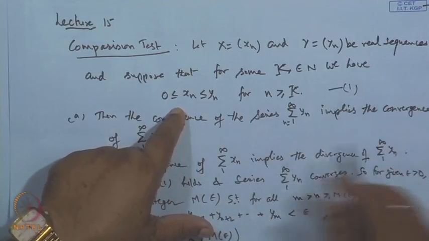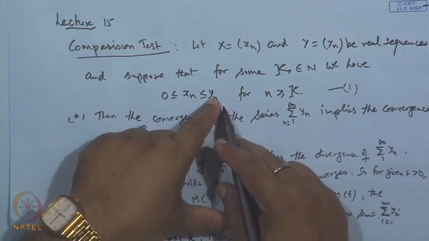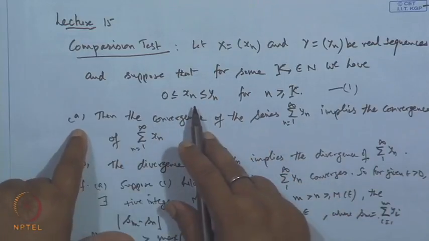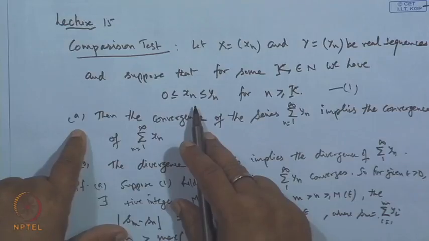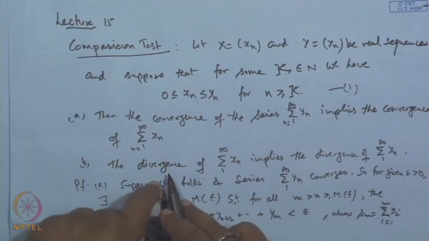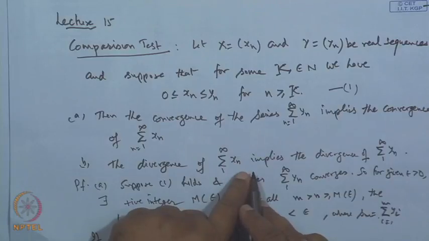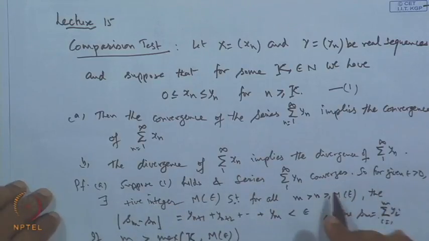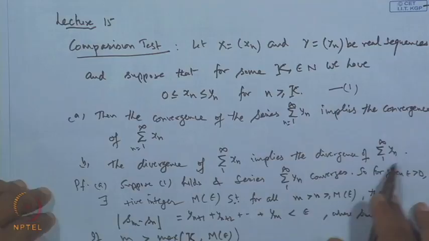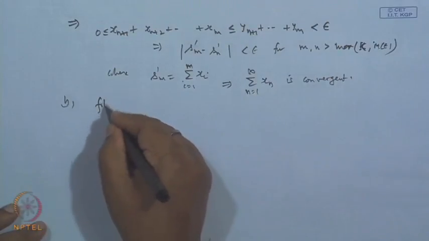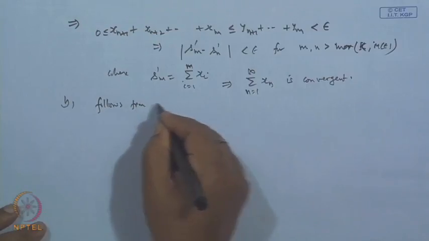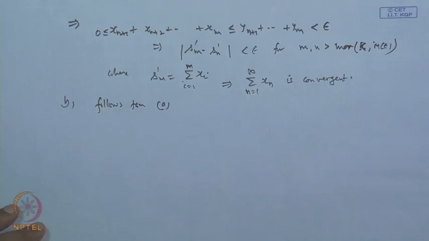So, it means if the series y_n is convergent, then according to part A, sigma x_n must be convergent, but it contradicts the given result, because the given is sigma x_n is divergent. Therefore, the contradiction is because of our assumption that this series converges. So, that is wrong. So, B follows from A immediately, okay. Nothing to prove here.